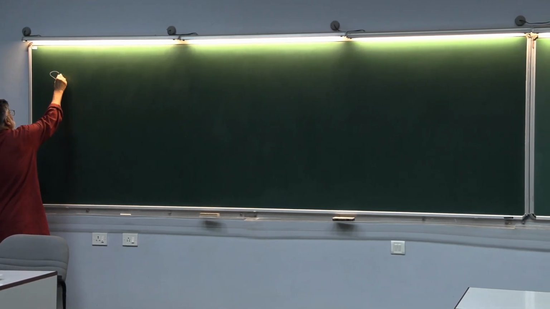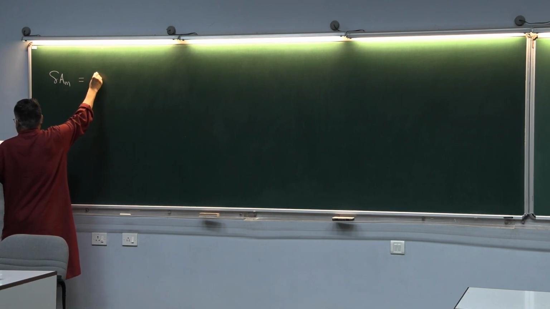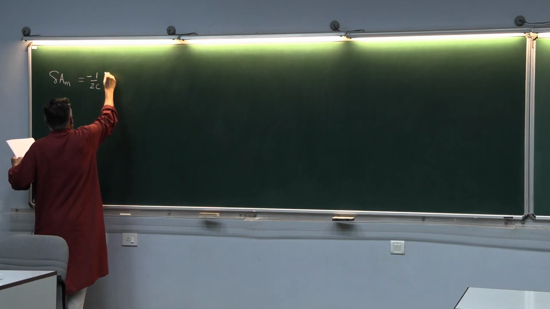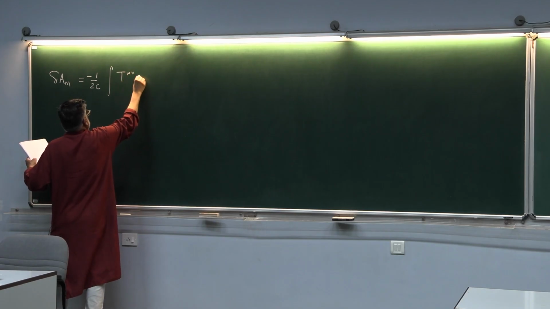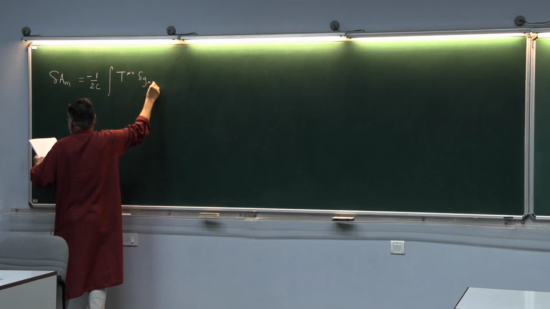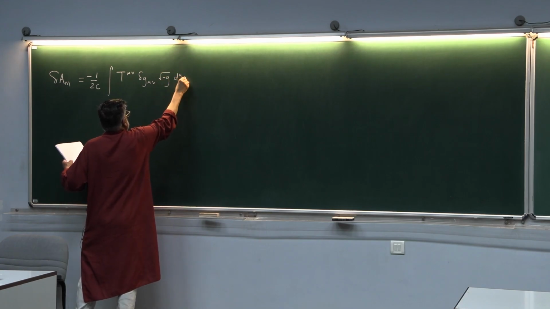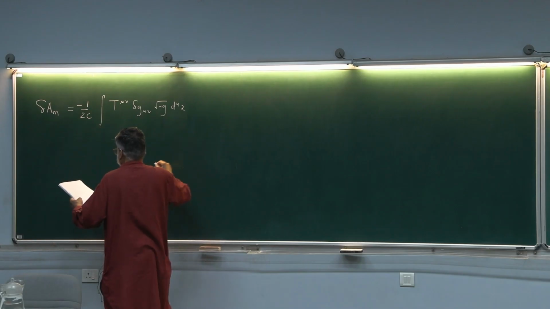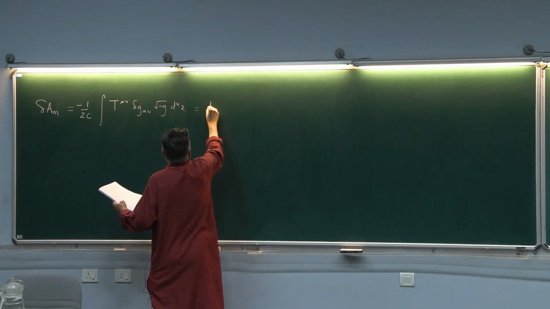The correct sign is, when you make a variation in the metric, the variation in the action, strictly speaking, is minus T mu nu delta g mu nu root minus g d4x. So earlier I had used positive, actually it is negative, and the other way around it is positive. Obviously, that can be shown is 1 over 2c.